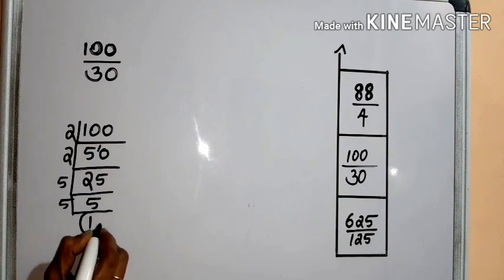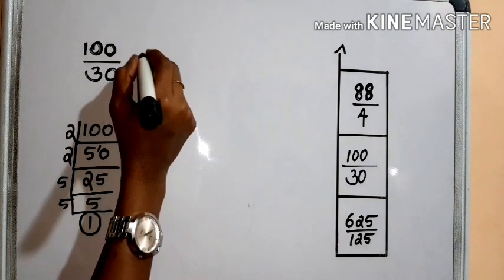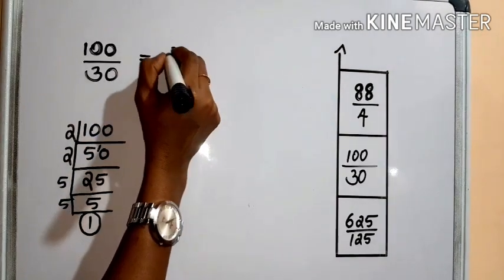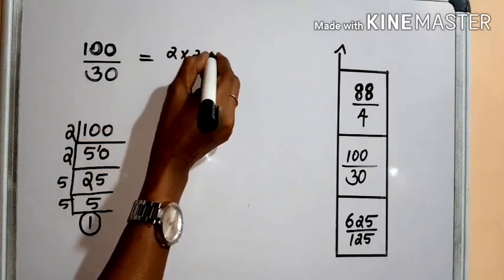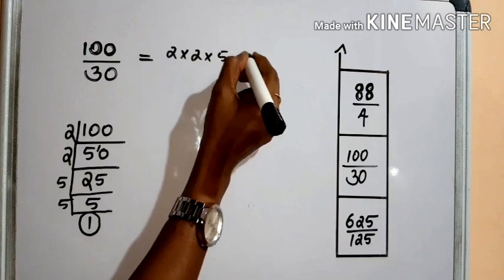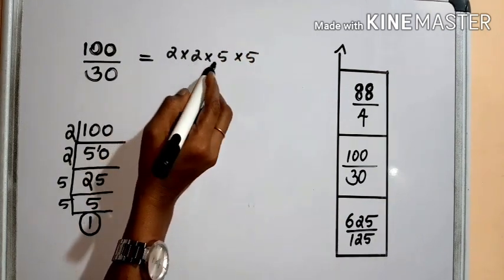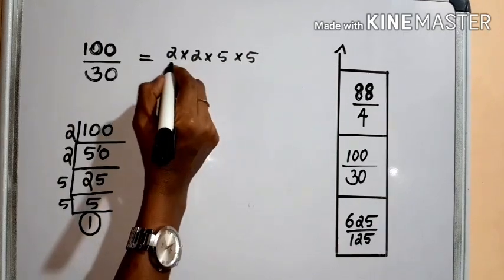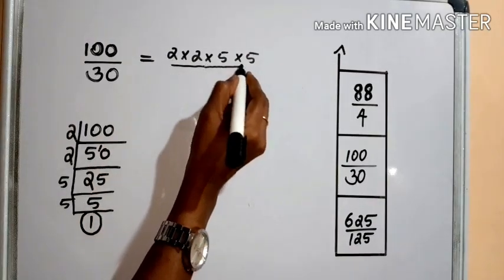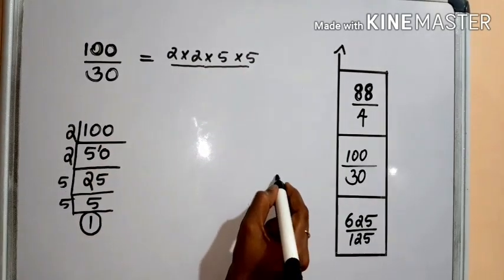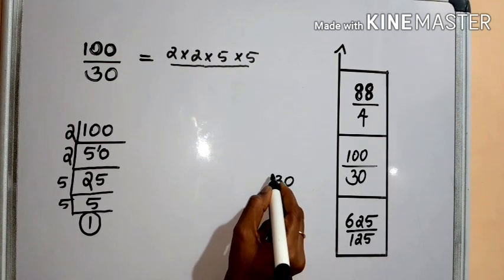Prime factorization is over. So 100 equals 2 into 2 into 5 into 5. Okay. 2 2s are 4, 4 5s are 20, 20 5s are 100. Clear now? Next we have to do prime factorization of 30.